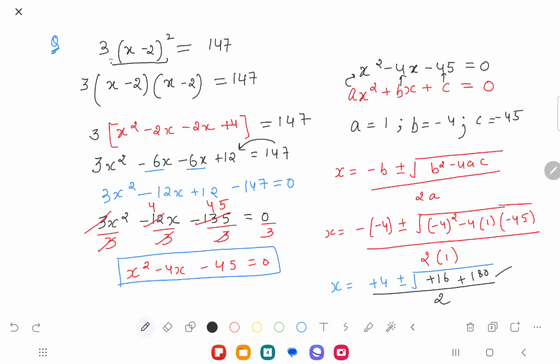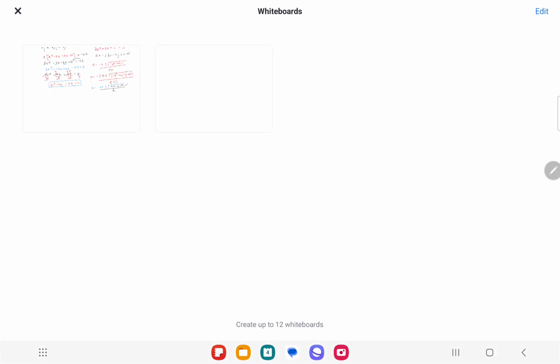So my answer to this question shall be x equals 4 plus minus root 196 over 2a, that is over 2. What is root 196? Root 196 is basically 14 times 14. So my answer shall be x equals 4 plus minus 14 over 2.